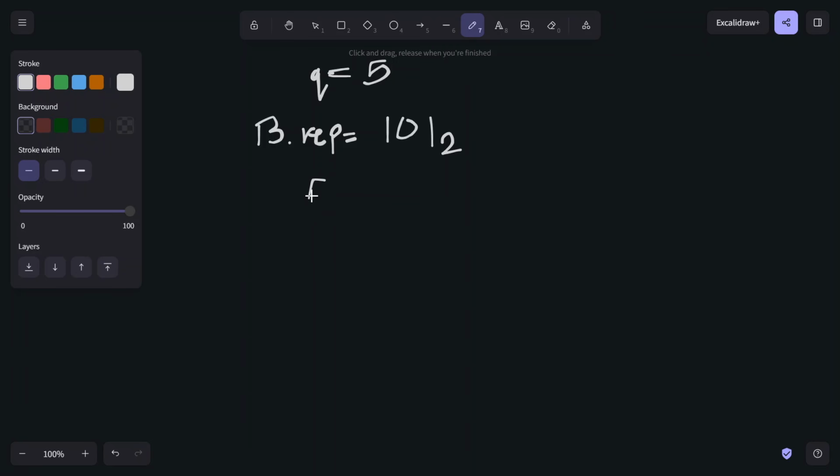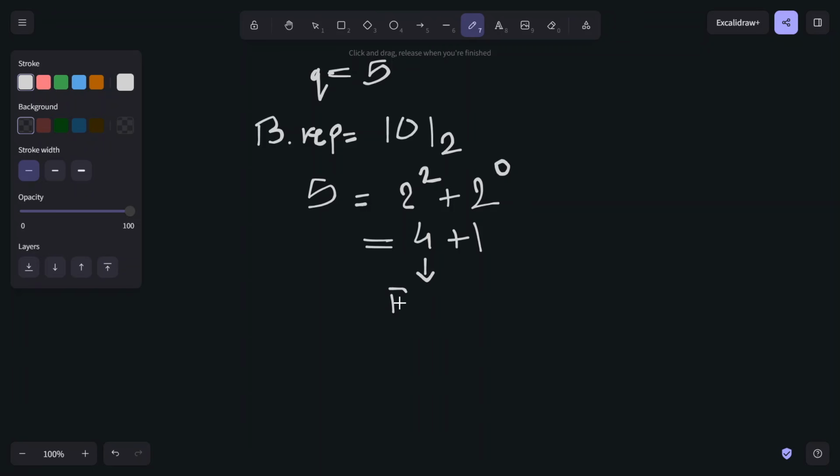How is this possible? We can say this by 2 raised to 2 plus 2 raised to 0, which is 4 plus 1, giving you 5. So there are two phases.